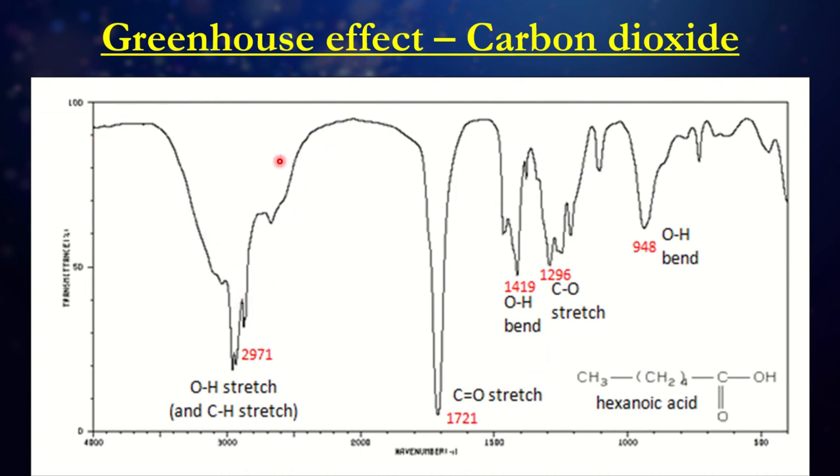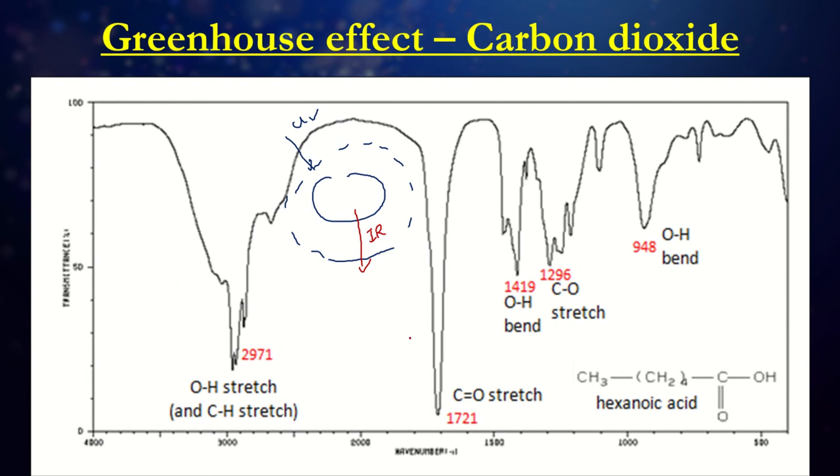Now we know that with global warming, the greenhouse effect works like this: the sunlight comes in and strikes the earth as UV light, and the earth will absorb that energy and release infrared radiation.